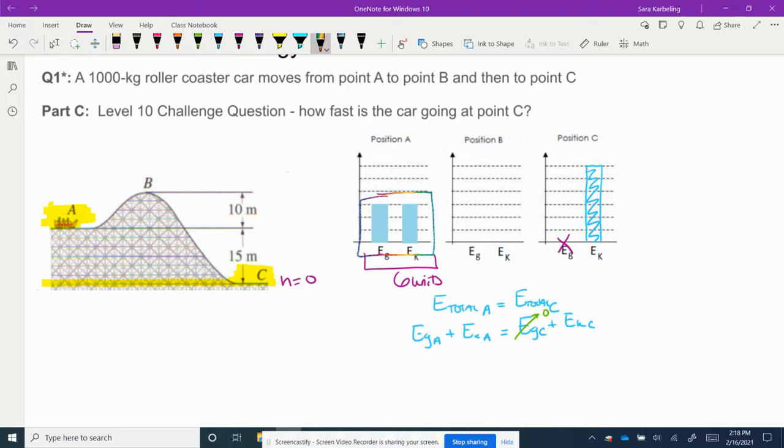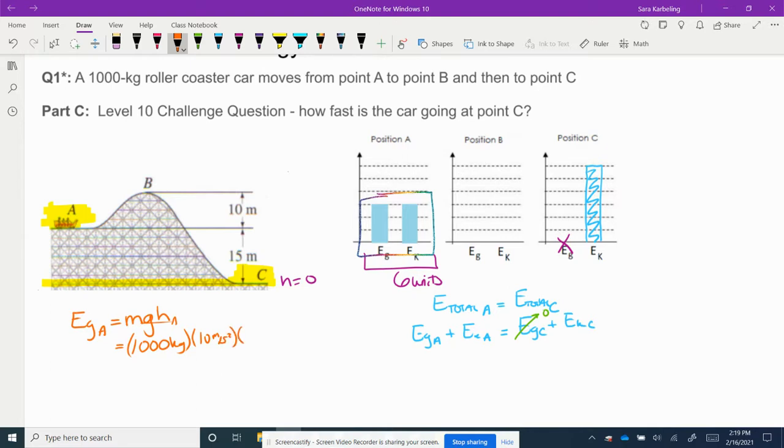So let's calculate the gravitational potential energy at A. E sub g at A is going to equal the mass times the gravitational acceleration times the height, all at A. The mass is 1,000 kilograms. For the acceleration due to gravity, I'm just going to use 10 meters per second squared.